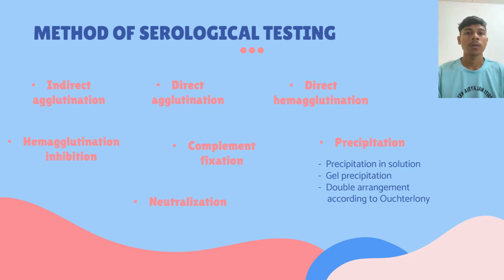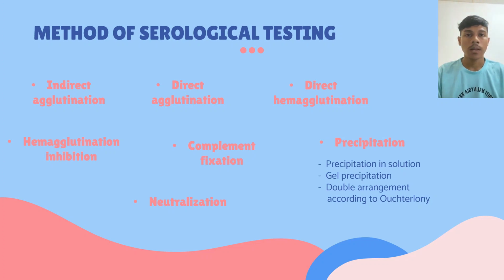Direct hemagglutination. In direct hemagglutination, the surface molecules of the erythrocyte are antigenic molecules. The positive reaction, which manifests itself as the agglutination of red blood cells, is caused by the binding of antibodies produced by the infecting organisms to this structure.